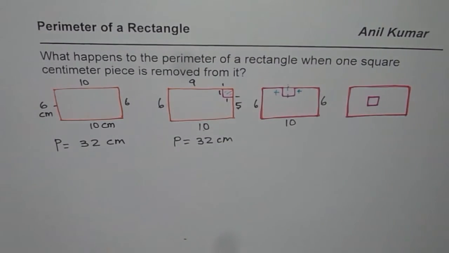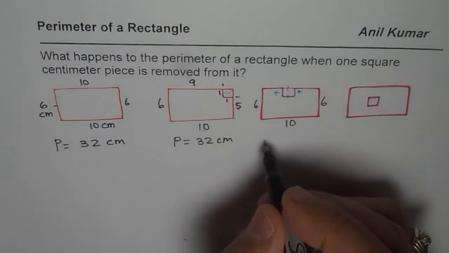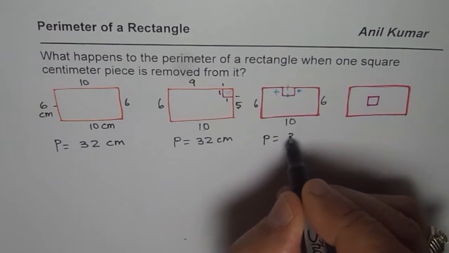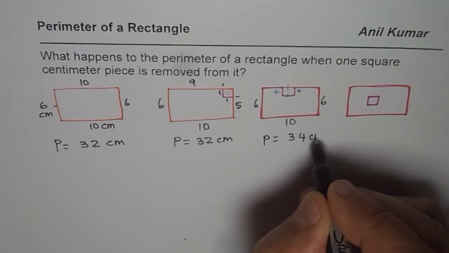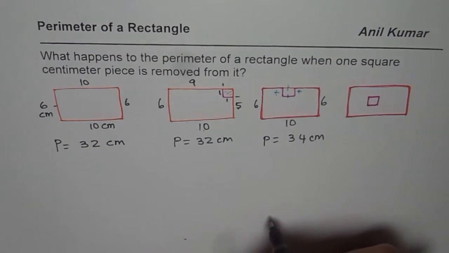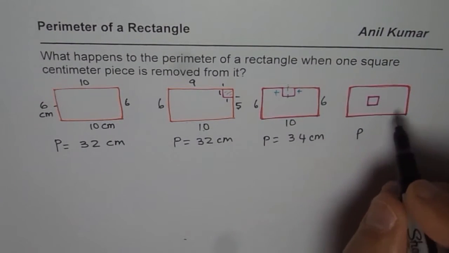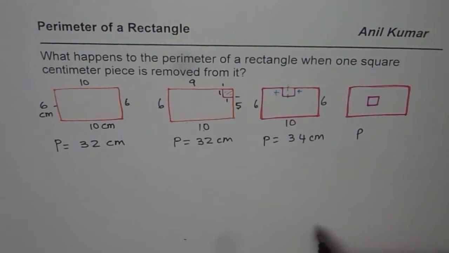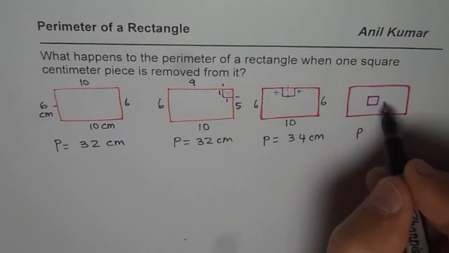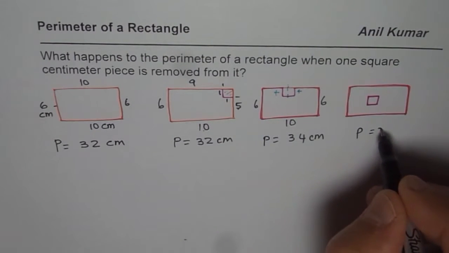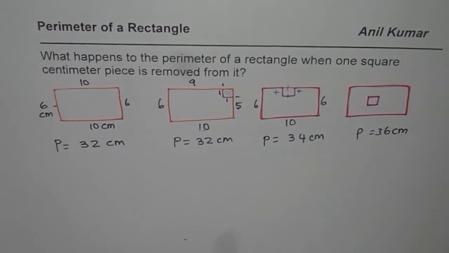Do you get the point? So in this case, if you calculate the perimeter, we will get a perimeter of 34 centimeters. And what happens here? In this particular case, the perimeter increases by 4, right? So we get 36 centimeters as the perimeter. You get the point, right?